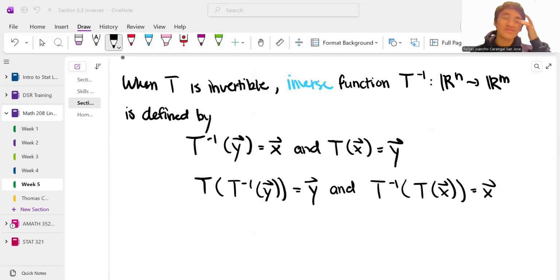In algebra, if we're given a function, we input some real number and get a real number out of it. Then if we plug that output into the inverse, we get the original real number back. It's the same idea here, but this time for vectors.